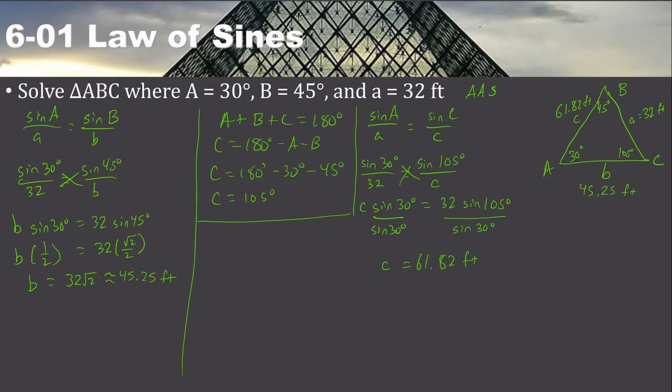And if you want to do a quick double check, the longest side should be opposite the biggest angle, and the shortest side should be opposite the smallest angle. So there we go. There was side b, angle C, side c. We now know everything in the triangle.